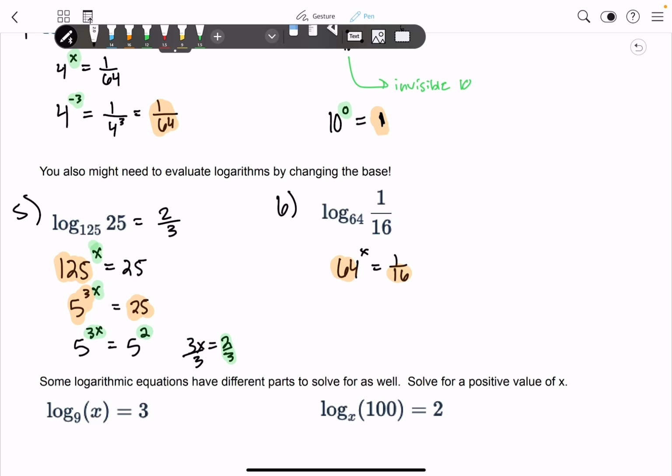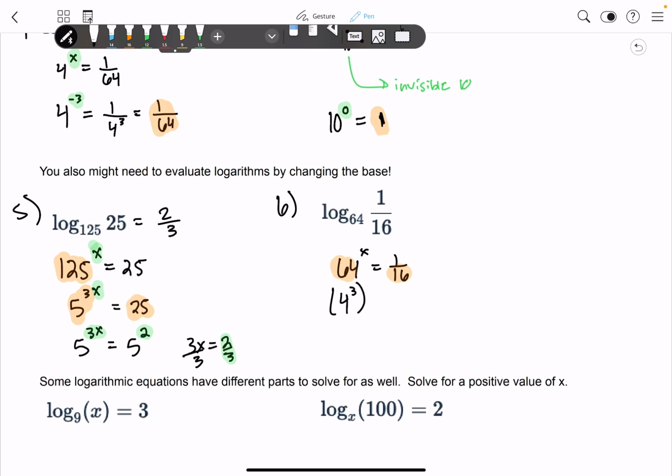I'm thinking, what number times itself equals 64? So maybe 4, and 4 to the third power equals 64. We've still got that x up there because that was the exponent before. I should probably be writing them like this. This will make more sense.